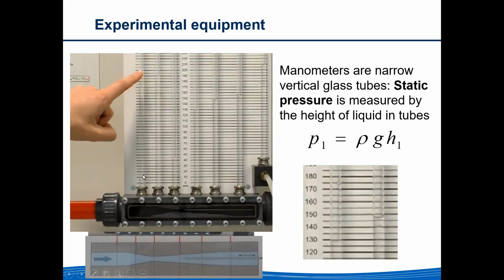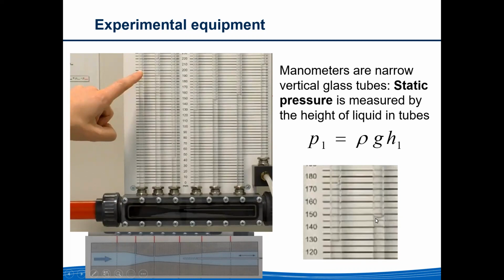The higher the liquid, the higher the pressure. Why? Very simple. The pressure the fluid will be subject to underneath here will be equivalent to the weight of water that you have inside the manometer. So the pressure at point P1 will be equal to rho g h1.